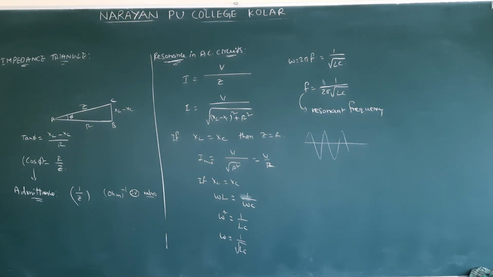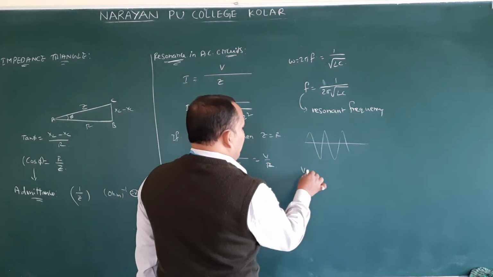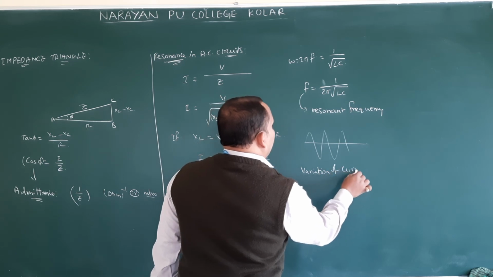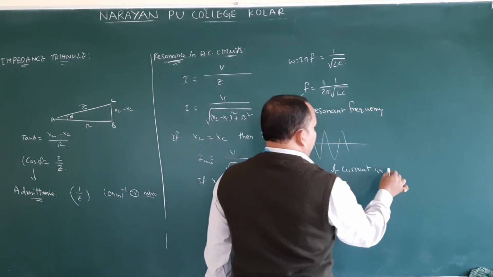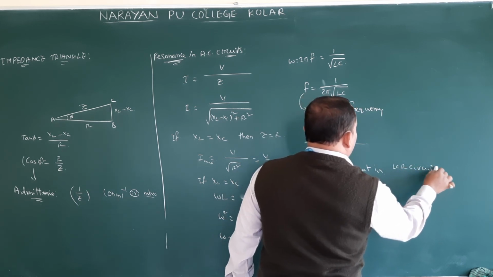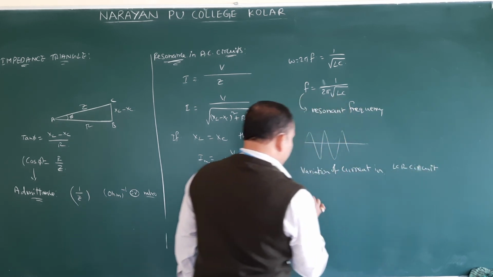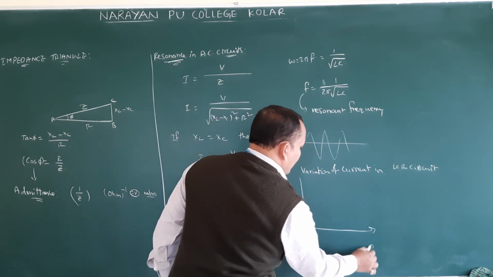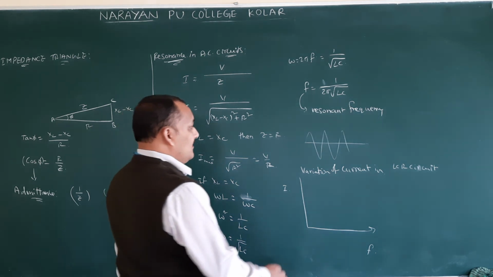Next, variation of current with frequency in an LCR circuit. If you take current and frequency, how does it vary?